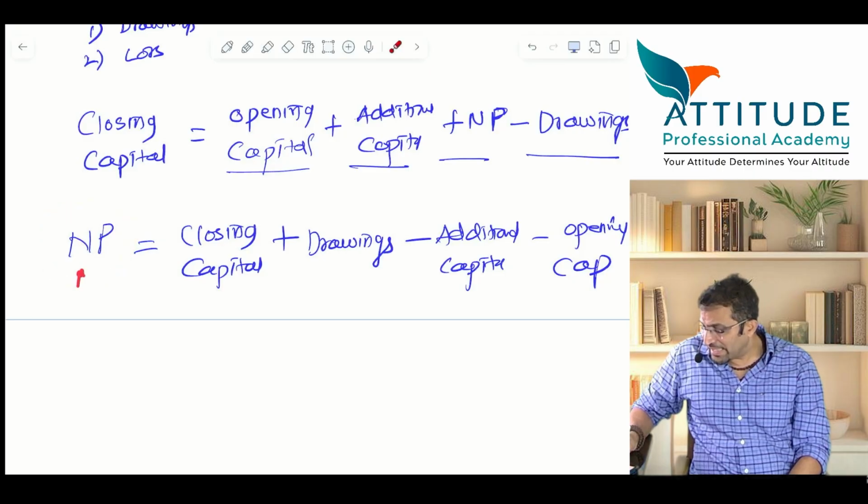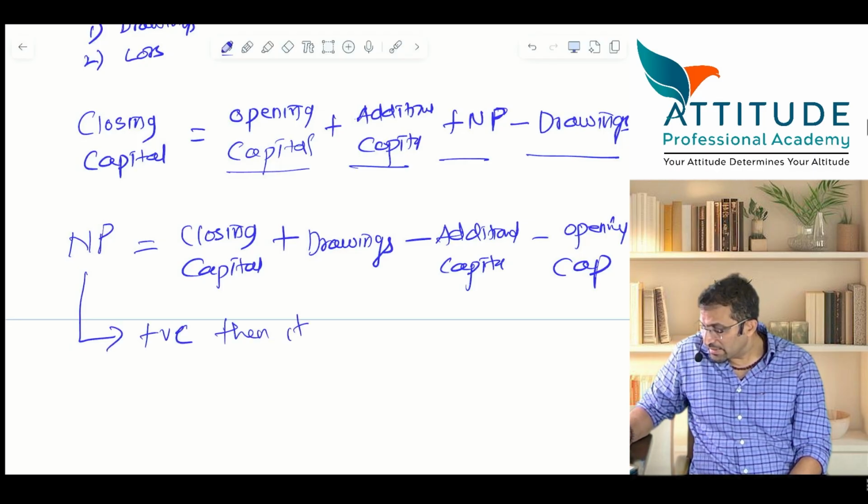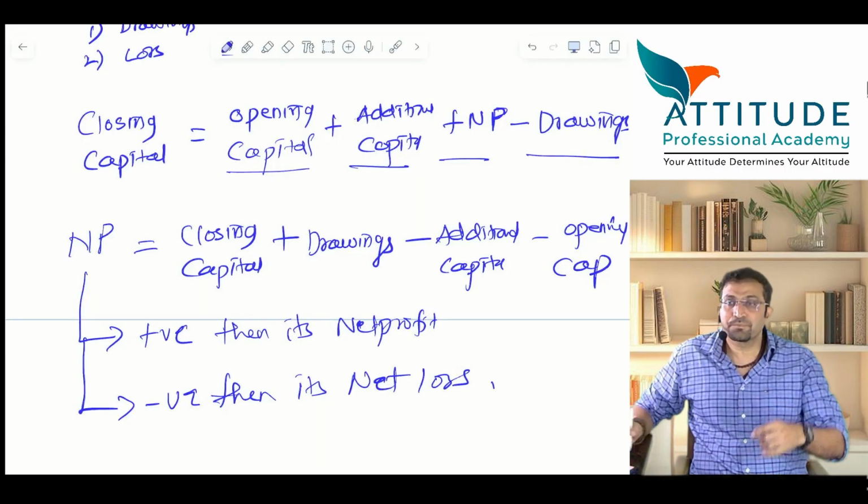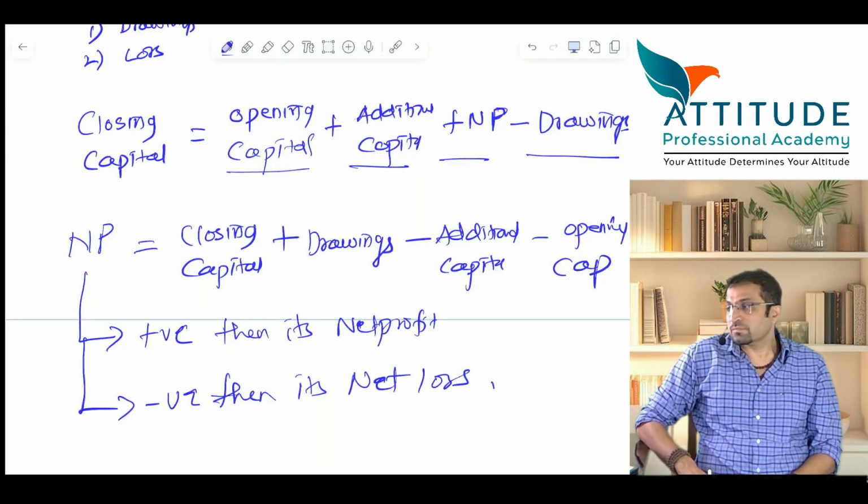So you can write there: if NP is positive, then it's net profit. If it is negative, then it's net loss. Is that clear? Write it down and take it. Clear, guys? Any difficulty?